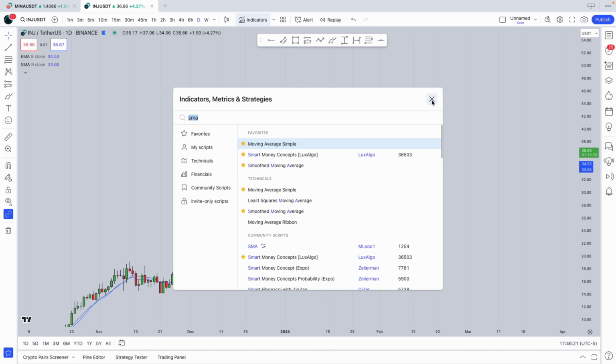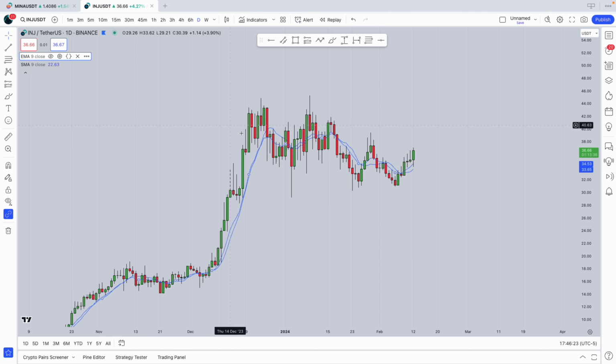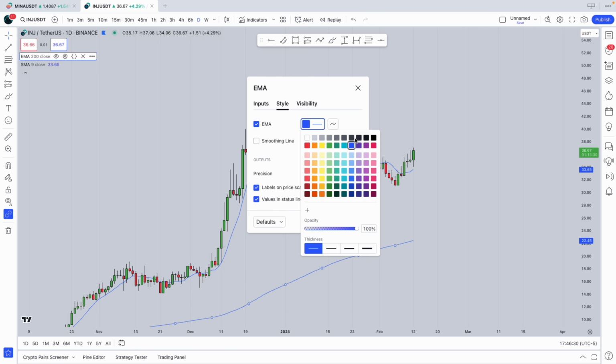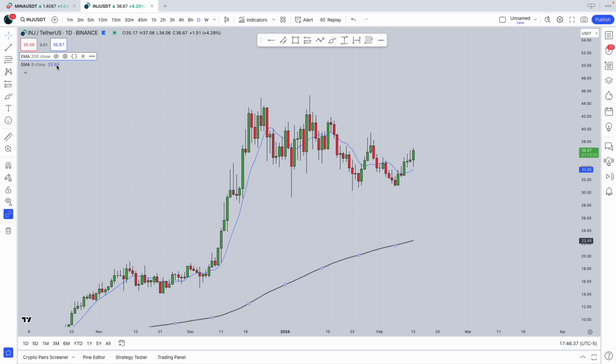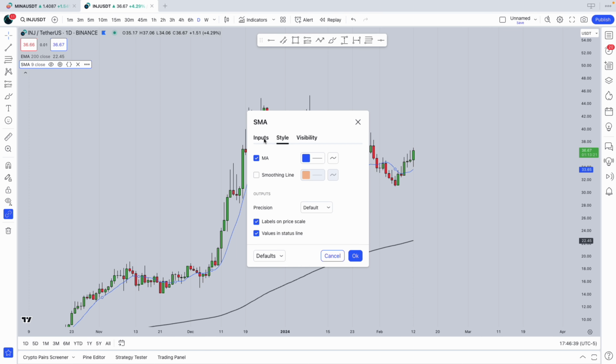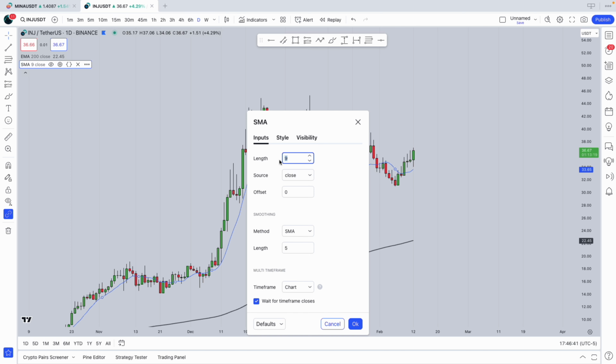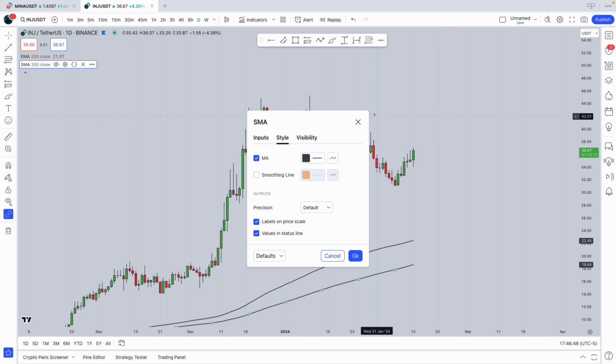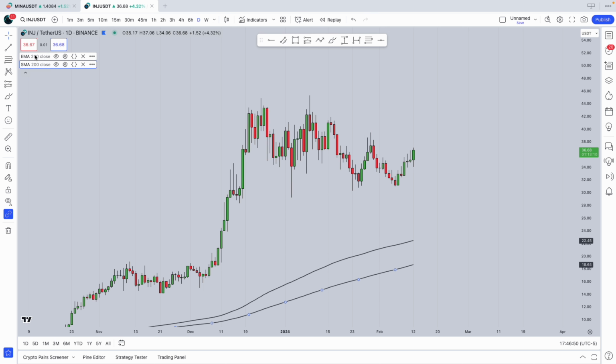So what you want to do is take those two and turn the length to 200, and let's change this to a different color here. Okay, and switch the SMA as well to length of 200, and let's change the style as well here. Okay, there we go. So now we got the 200 exponential moving average and the 200 simple moving average.